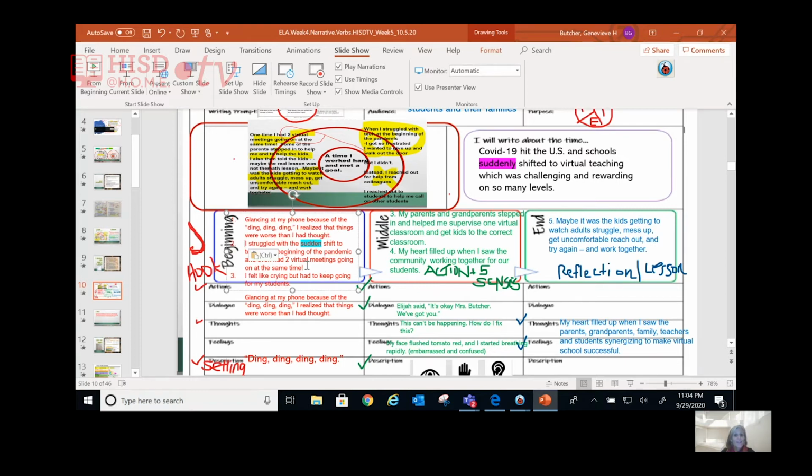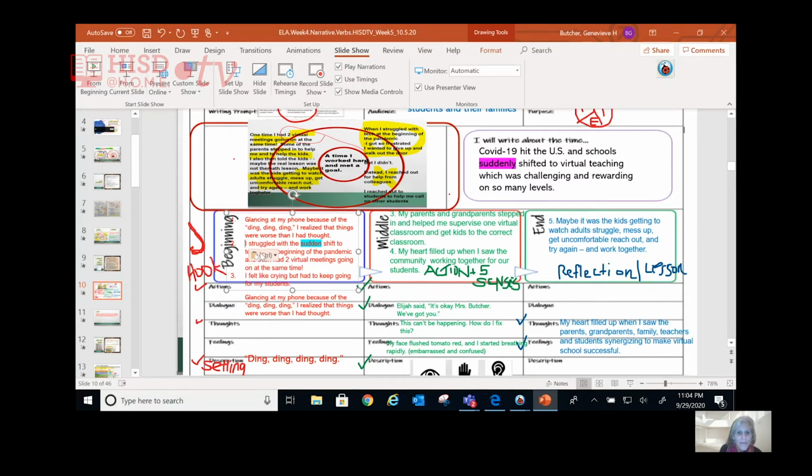Reason is we need a hook, and it makes me wonder what's happening. Things are worse. Okay, glancing at my phone because of the ding, ding, ding, I realized that things were worse than I had thought. Now I have here, I struggled with the sudden shift.